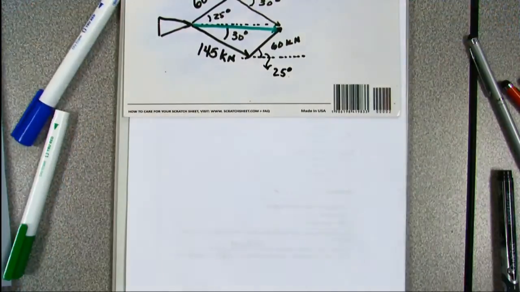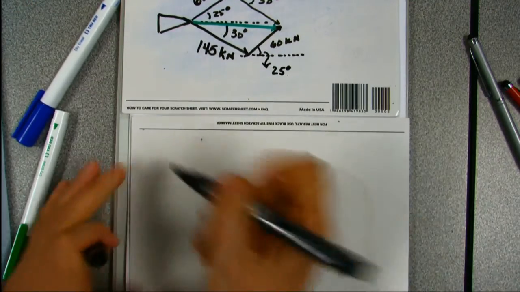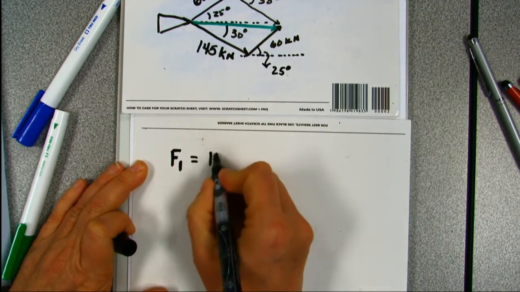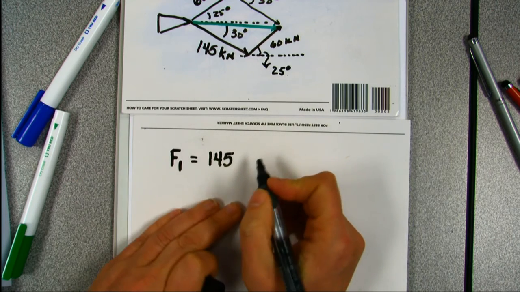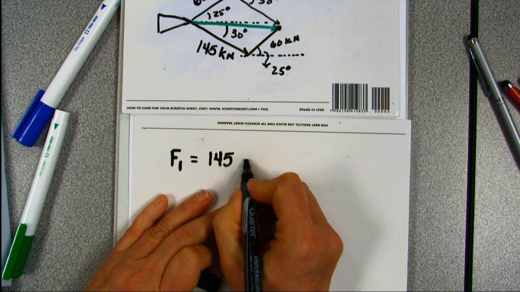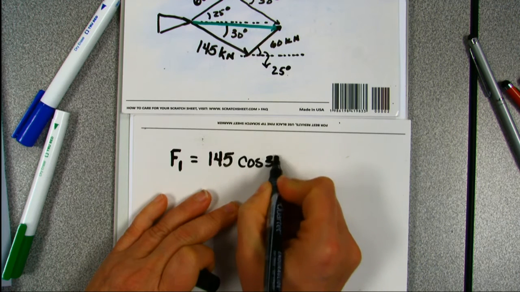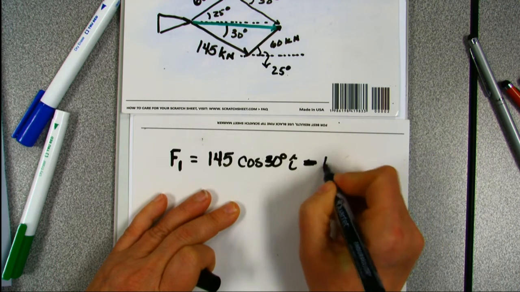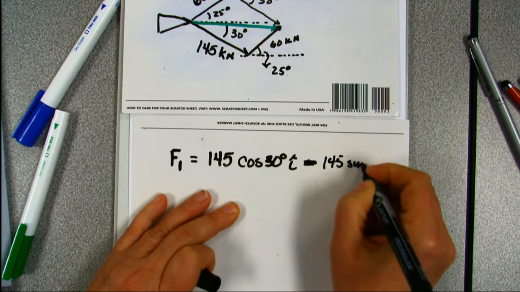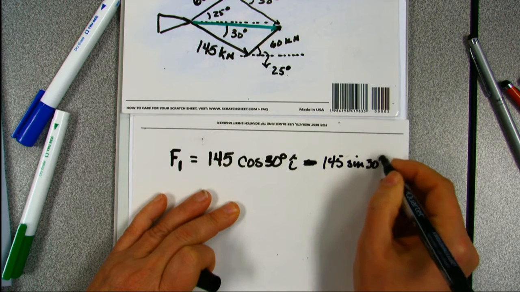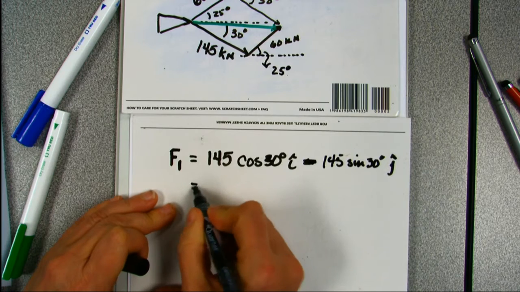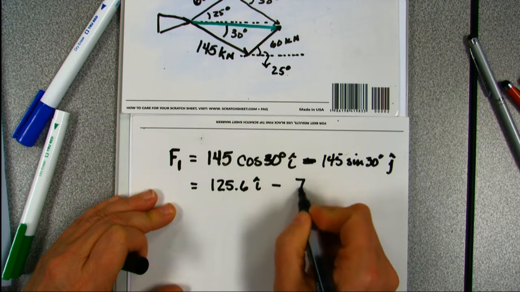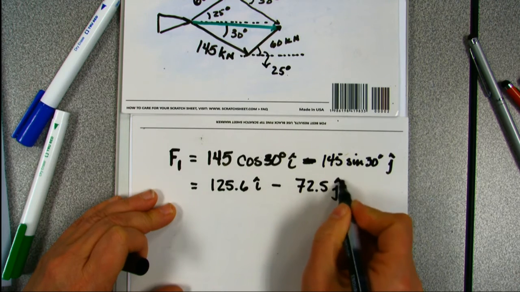We got our picture there. I can take force 1. Force 1 is going to be, and we're going to use force 1 to be the 145 kilonewtons, so it's 145 kilonewtons cosine of 30 degrees in the i direction, minus, because I'm in the negative y, I got 145 sine of 30 degrees in the j direction, and that's going to give me, if I plug that into the calculator, 125.6 i minus 72.5 j.